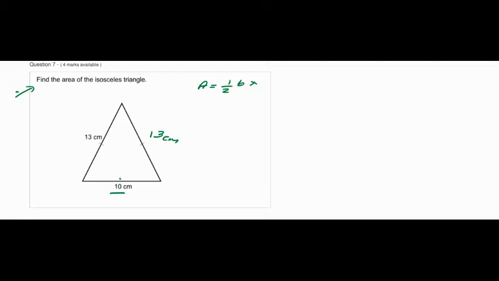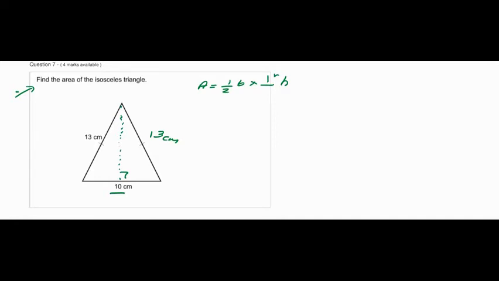Now the perpendicular height, we'd need to draw a line up here, and that's the perpendicular height. But that's what we don't know at the minute. But we can use Pythagoras to find out the length of that perpendicular height.